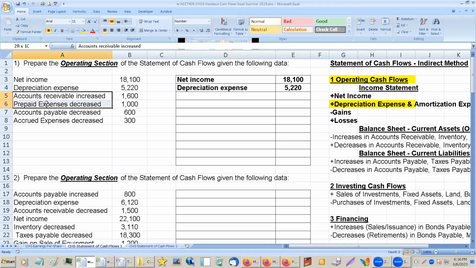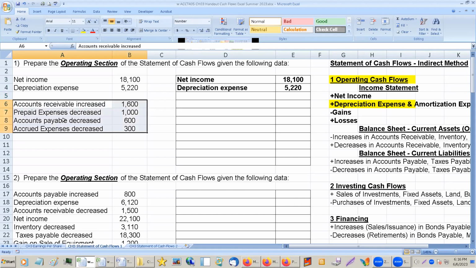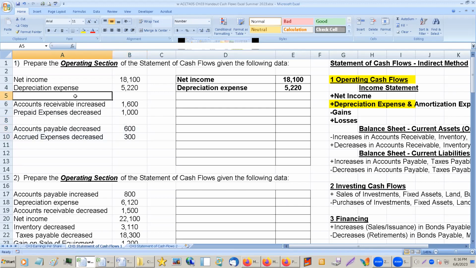Coming down here, these first two, these are current assets. Okay, so as accounts receivable increased and prepaid expenses.